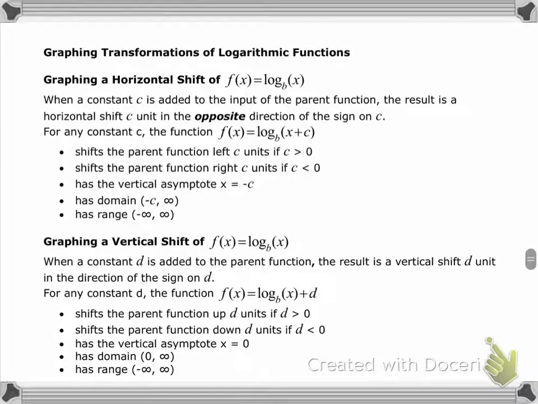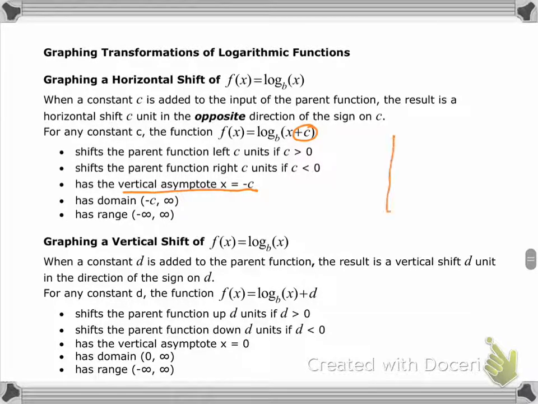Okay, so we're back again to look at logarithmic functions and their graphs. This is just a summary of the transformations. The key points I want to point out are that the vertical asymptote will always be at x equals 0 for the parent function, but if you move it, horizontal shifts.